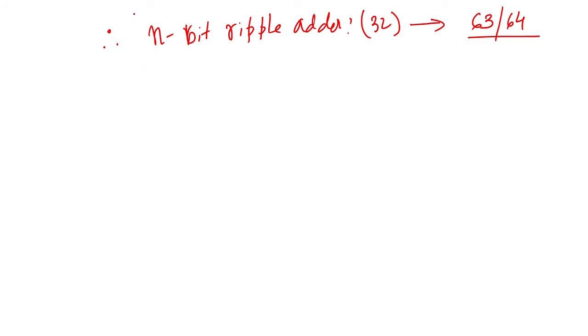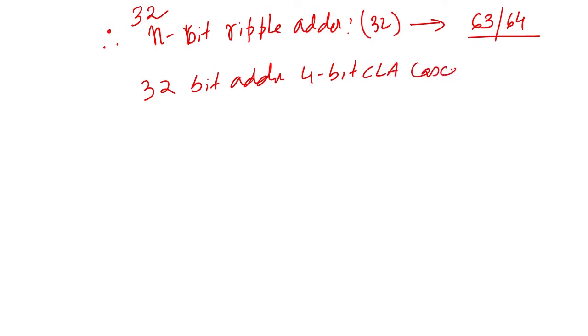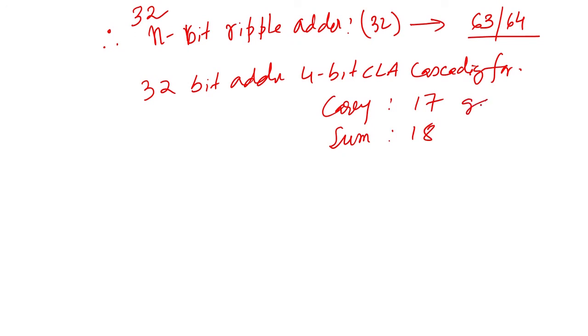Now, for a 32-bit adder using 4-bit CLA in cascading form, we analyzed that carry is coming 17 and sum is coming 18 gate delays.